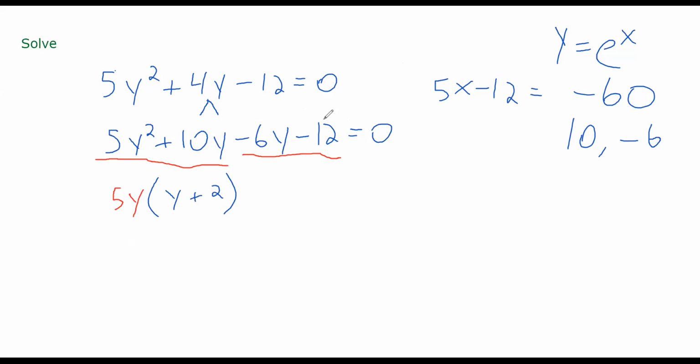In group 2 here, I'm going to factor out a negative 6, and in doing so, that's going to flip the signs here. I suppose I should put this in red. Then I'm going to factor out a y plus 2 altogether.